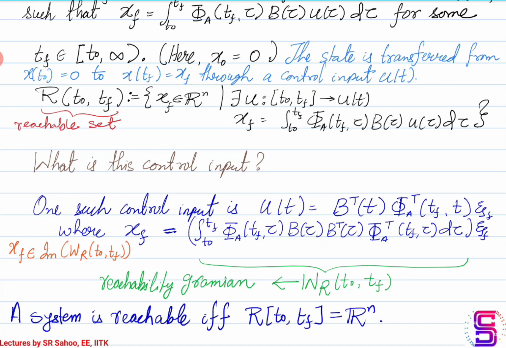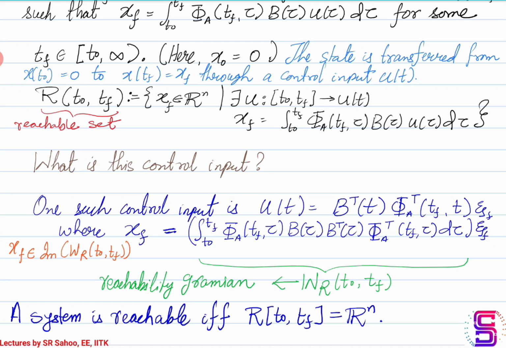If you substitute this, what you get is xf to be the integration of a product of matrices multiplied with psi F. This integration of a product of matrices results in an n cross n matrix, and this matrix acts upon psi F to give you the state xf.